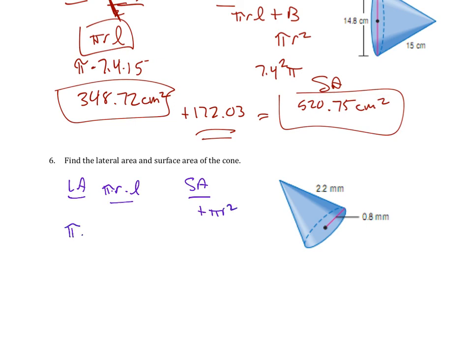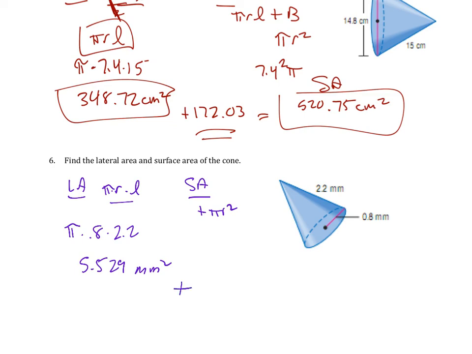So pi times 0.8 times 2.2. So that's 5.529. Then that's my lateral area, so that's millimeters squared.